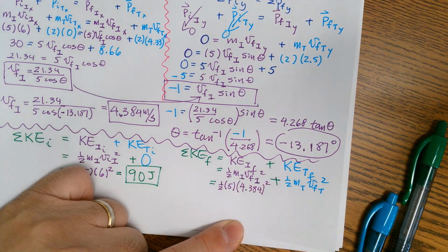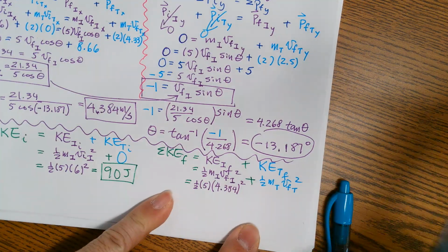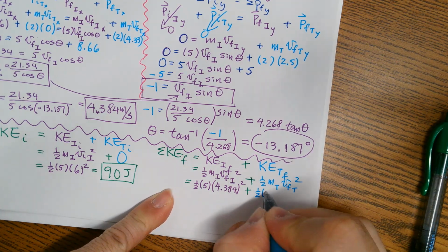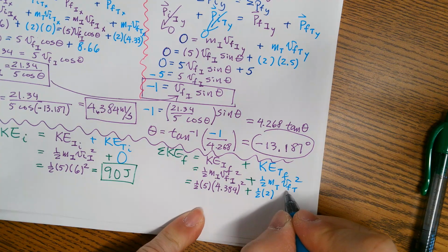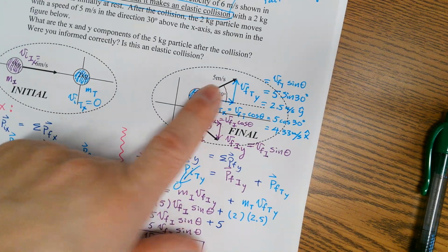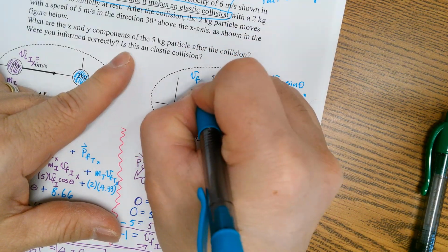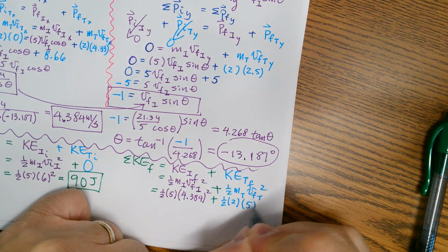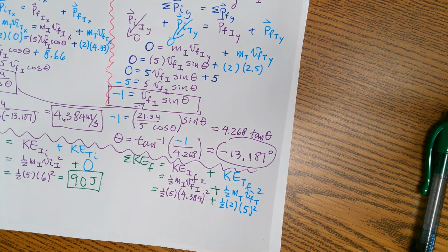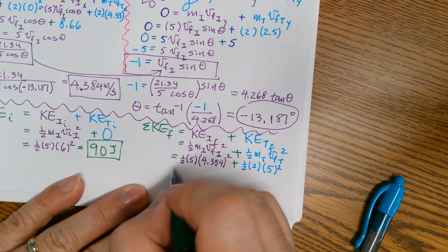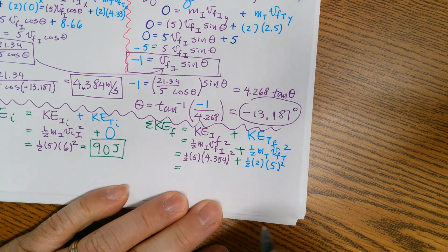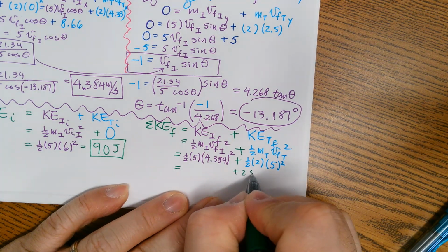4.384 quantity squared, plus 1/2 times 2 times VF target, which is 5 meters per second. So that's just 5 squared, which comes out to 25. So this is plus 25 here.